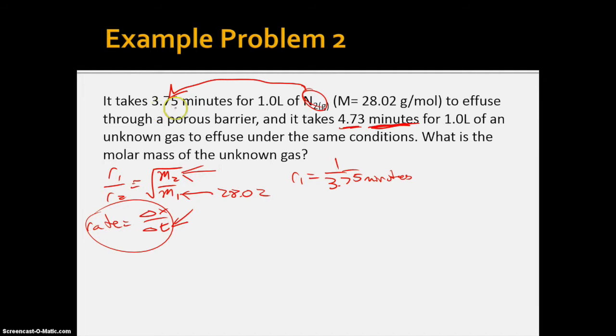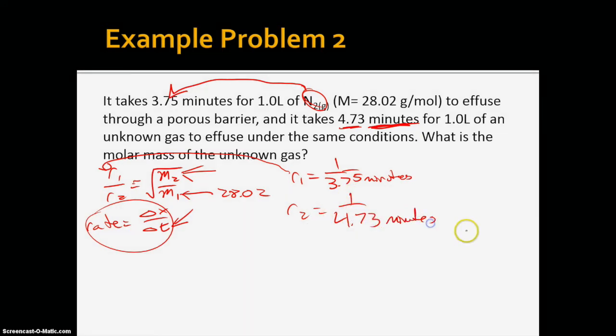That will be your R1, because it corresponds to your molar mass 1 of the nitrogen gas, and your R2 will be 1 over 4.73, and this is for the unknown.